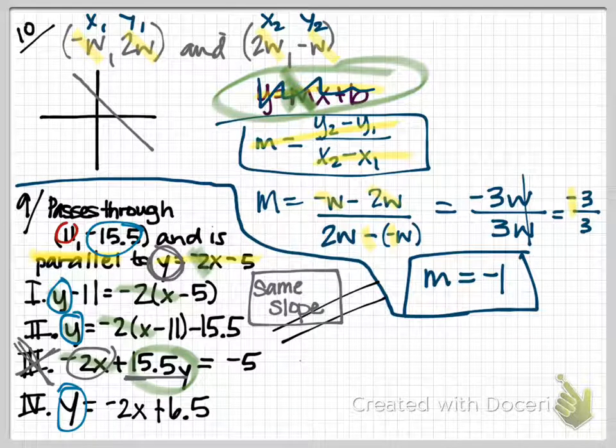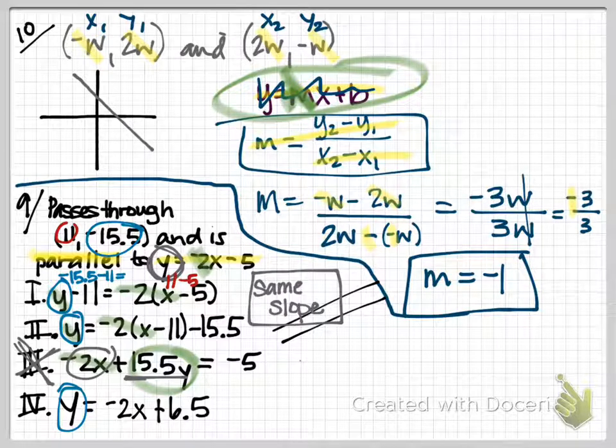So let's see if I can do this here. Negative 15.5 minus 11, does that equal negative 2 times 11 minus 5? Does that equal negative 2 times 11 minus 5, which is 6?